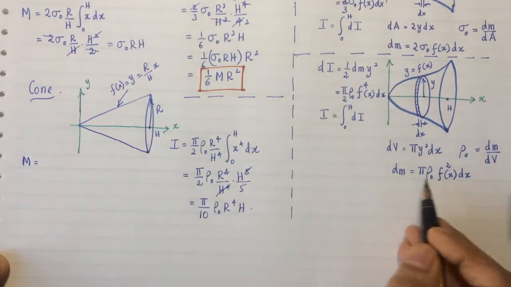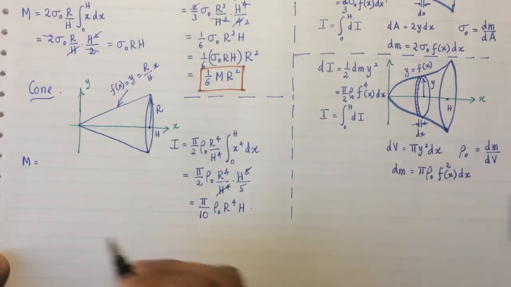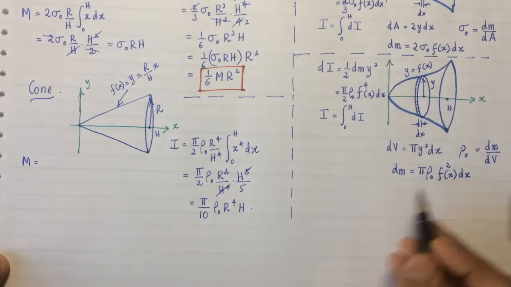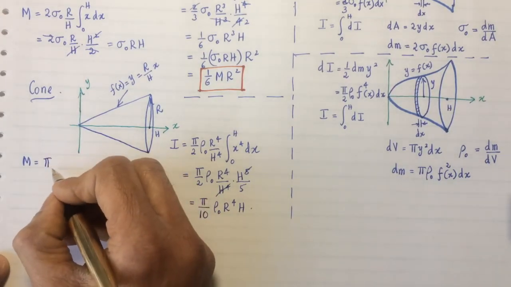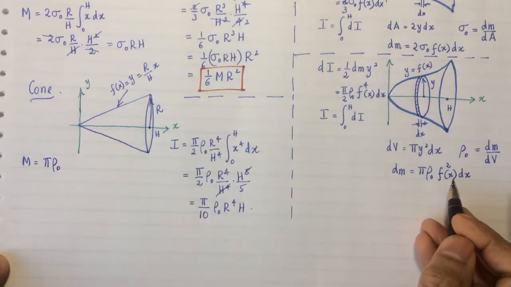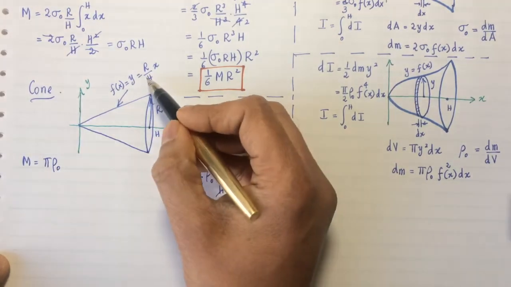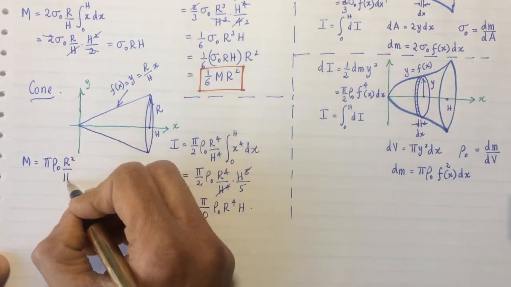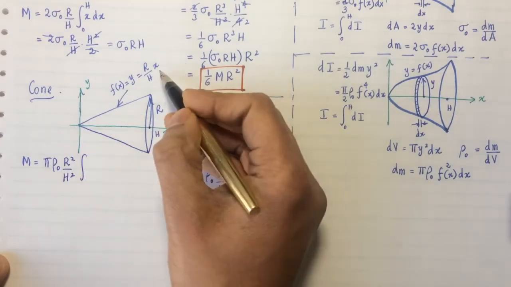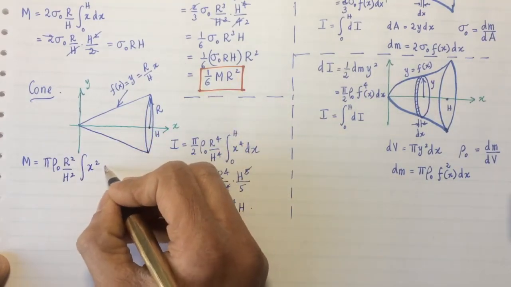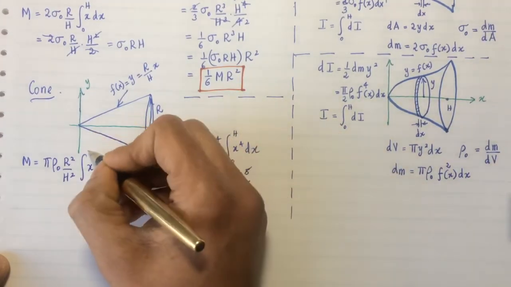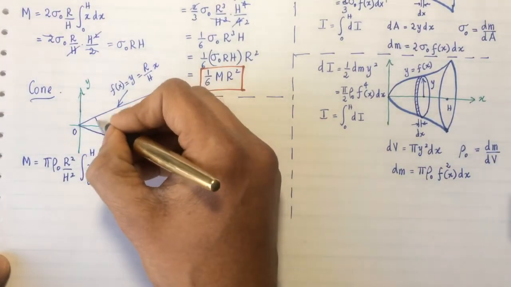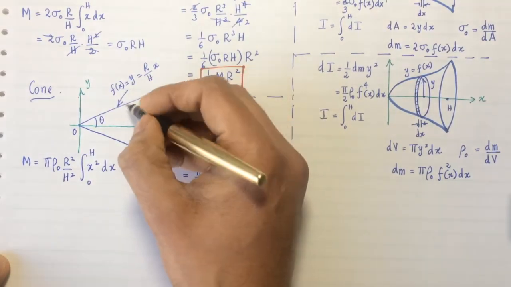So the mass is going to be the integral of dm, which is that. So when I take the integral, the pi comes outside, the rho naught comes outside. I have an f squared. Well, f squared involves r squared over h squared, which I can also take outside. And then I just have x squared dx from 0 up to h. Let me at least draw the element here.